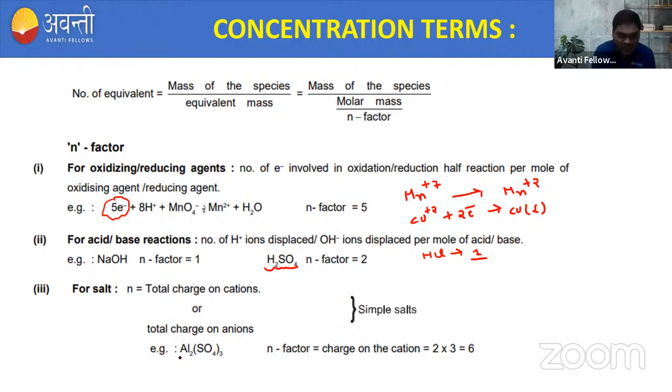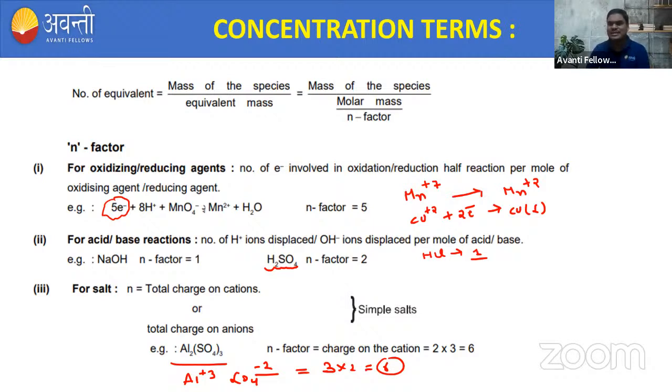For example, in case of Al2(SO4)3, we know that Al has a plus 3 charge, right? And SO4 has a minus 2 charge. So the total charge is what? That is 3 into 2, equal to 6, right? So this is how we can calculate this.